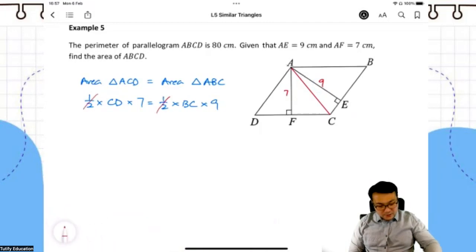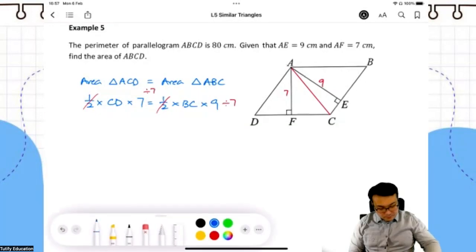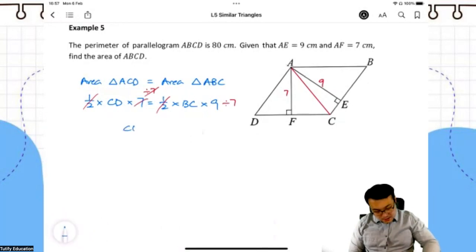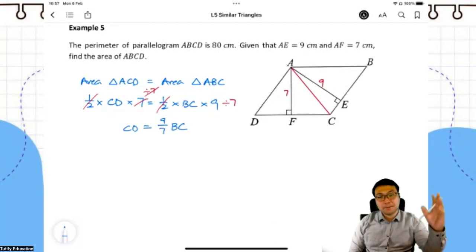Half and half, we can just divide both sides by half. If I want to get rid of this 7, I'm going to divide by 7 on both sides. So we'll get CD equals 9 over 7 BC. There we go. So we have managed to make a comparison between CD and BC.